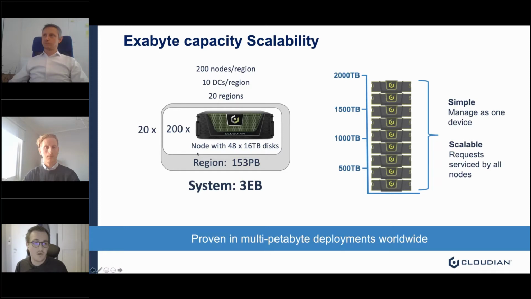The solution you see over here is actually from the design of one of our customers. That's a worldwide company spreading their cloud and object storage system over 20 data centers with 200 nodes per data center, and delivering a huge capacity for their business requirements. So you can start small and scale over time, which is the beauty of object storage, of course, as well.